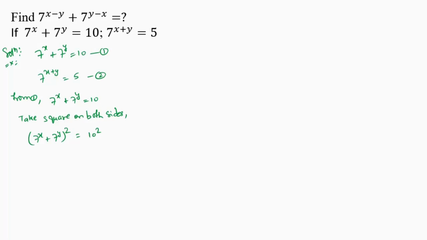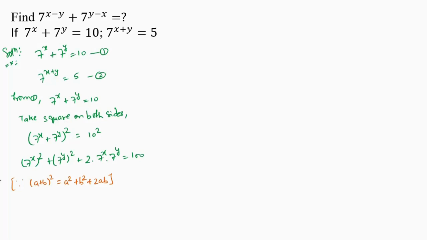Now on solving this we get (7 raised to power x) squared plus (7 raised to power y) squared plus 2 times 7 raised to power x times 7 raised to power y equals 100. As we know, (a plus b) whole square equals a square plus b square plus 2ab.